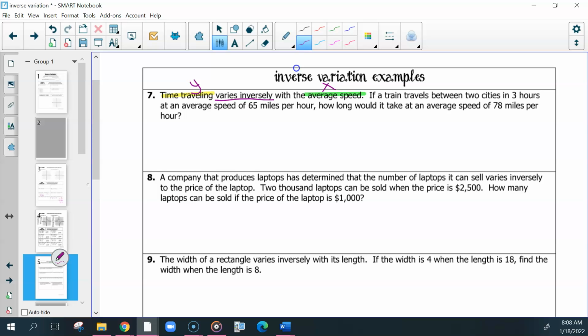And then whatever comes after is going to be your x. So in this case, if we're doing the equation method, we know it needs to be y times x equals y times x. So the information we know, and it could be x times y also, it doesn't matter. 3 times 65 would equal 78 times, we're looking for how long, which is your time, so y. We could then multiply and then solve for that. Someone multiply 3 times 65 and tell me what that is.